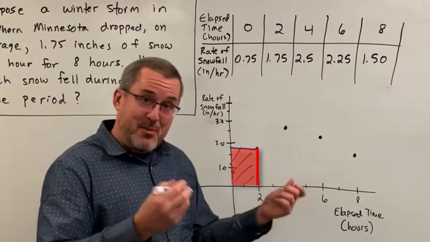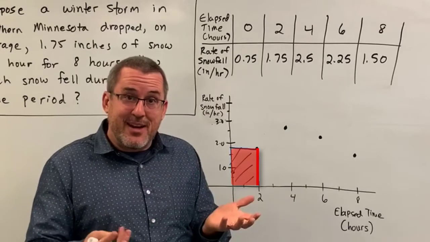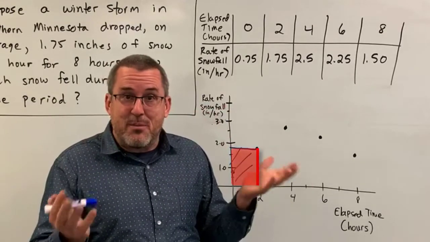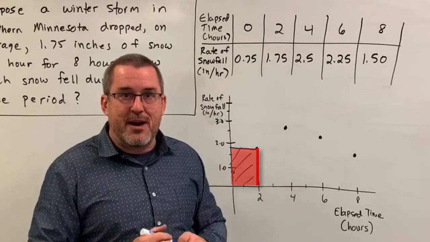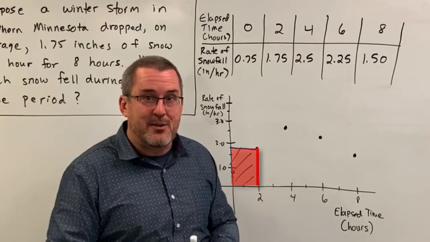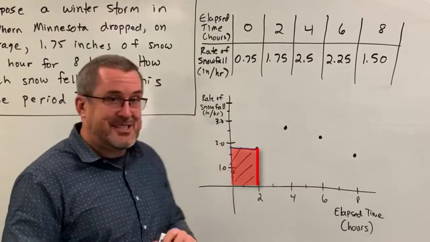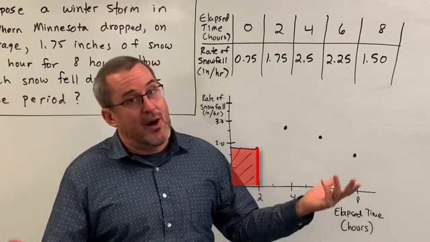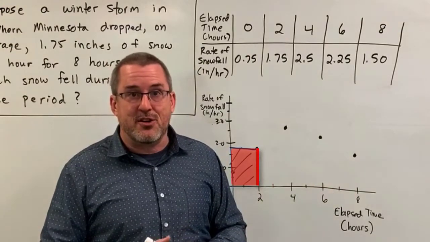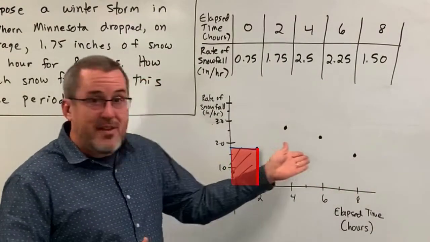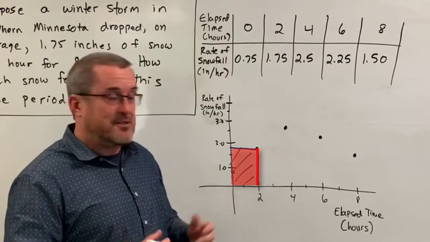As we saw in the previous video, the area of this rectangle is a geometric representation of the total amount of snowfall during those 2 hours. If snow fell at 1.75 inches per hour for 2 hours, we could compute how much snow has fallen. We're going to do that for each of the 2 hour chunks of time.